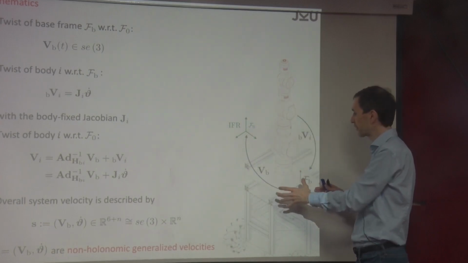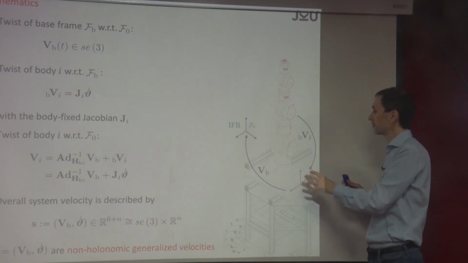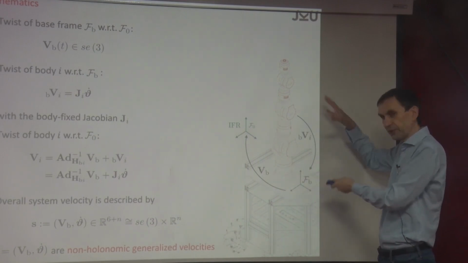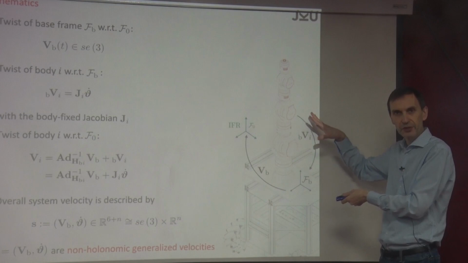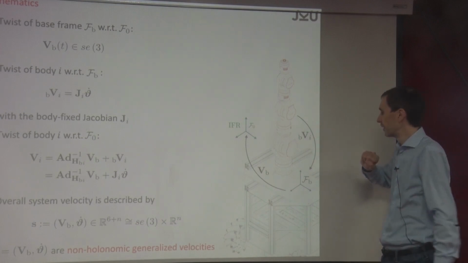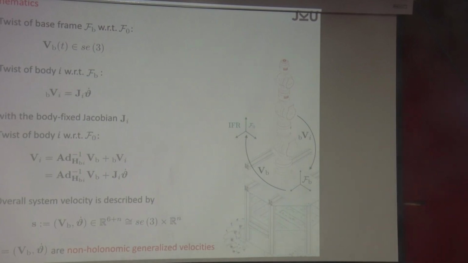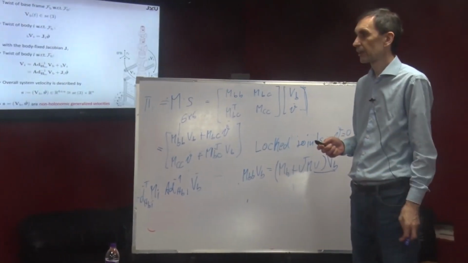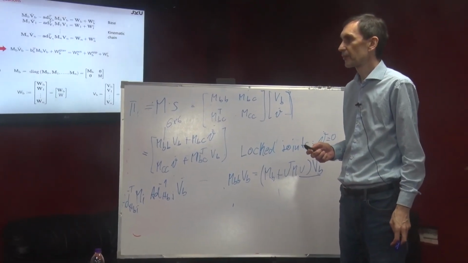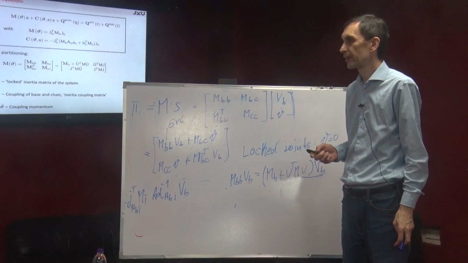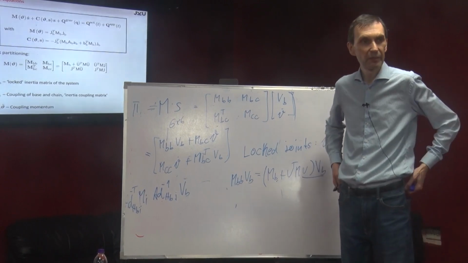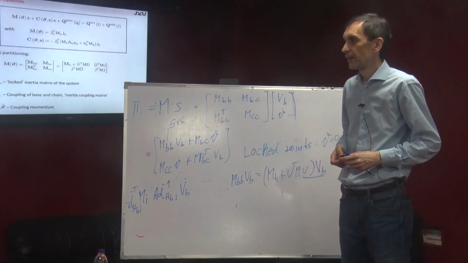So I have the total momentum of this system as a rigid system when I lock the joints, due to the base motion. And this is why they call this M_BB, the locked inertia matrix of the system.